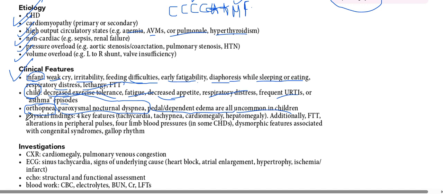Now, the physical findings are basically four key features. Tachycardia, as I already read, two tachys and two megalis: tachycardia, tachypnea, cardiomegaly, hepatomegaly. Additionally, if the child has failure to thrive, there will be alterations in the peripheral pulses and differences in blood pressure, so we have to check the blood pressure in four limbs.